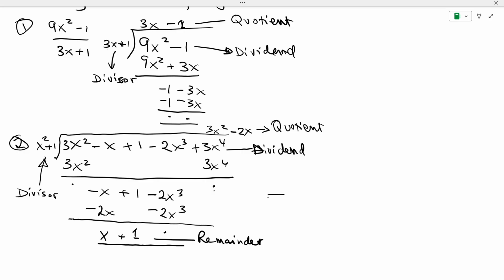So the answer to this expression will be 3x squared minus 2x plus this remainder, x plus 1 over x squared plus 1. And this will be our final answer.